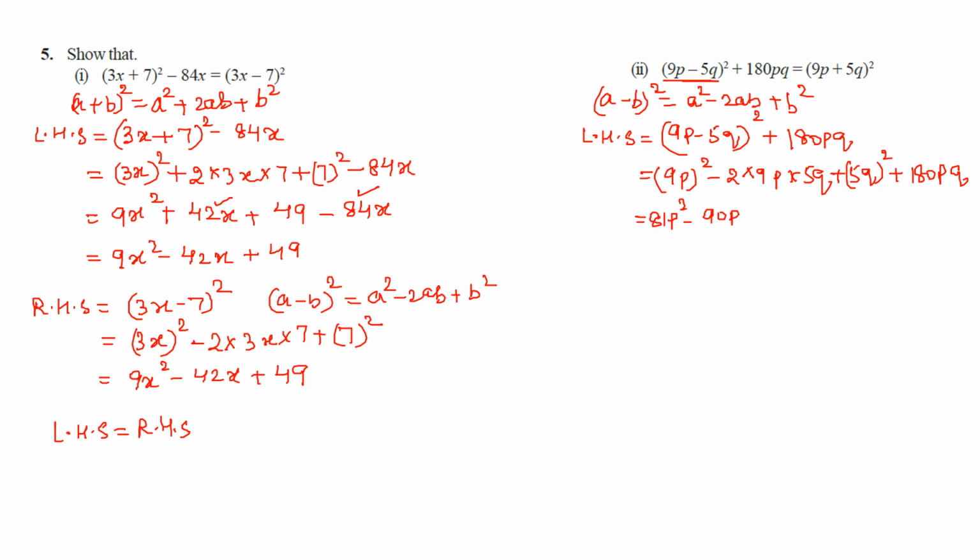So it is 90pq plus 25q square plus 180pq. Now combine the like terms. So it is minus 90 plus 180. So it will be 81p square, minus 90 plus 180 will give me plus 90pq plus 25q square. Now RHS.